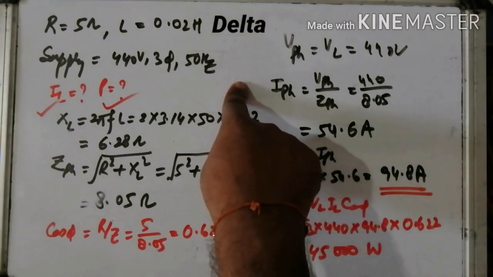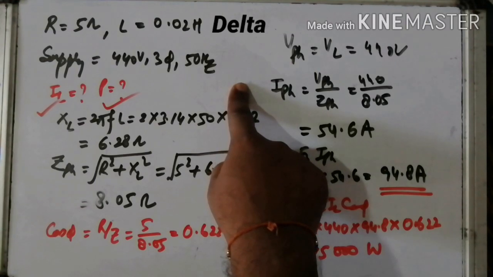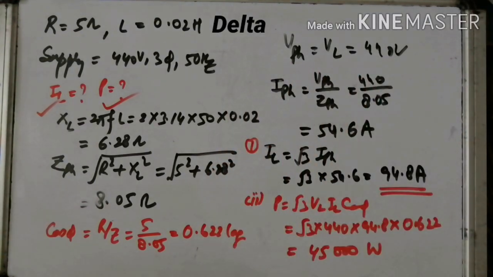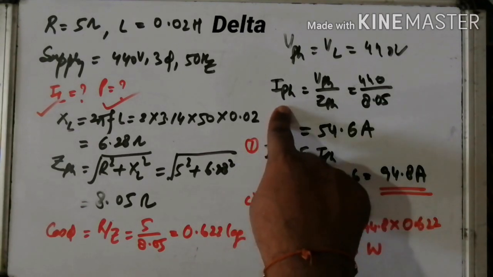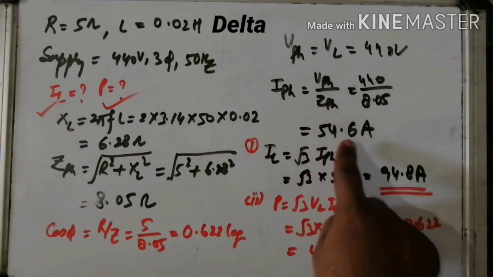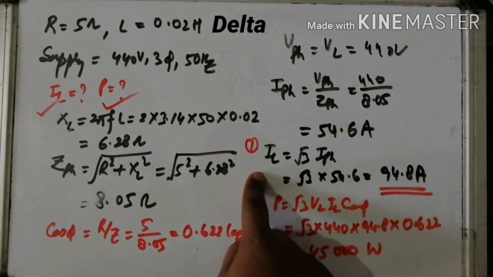In the case of the delta, line voltage and phase voltages are equal, so the phase voltage is equal to the line voltage, that is 440 volt. We can calculate phase current with the help of VPH and ZPH, and it is 54.6 ampere. In the case of delta, line current is under root 3 times the phase current.